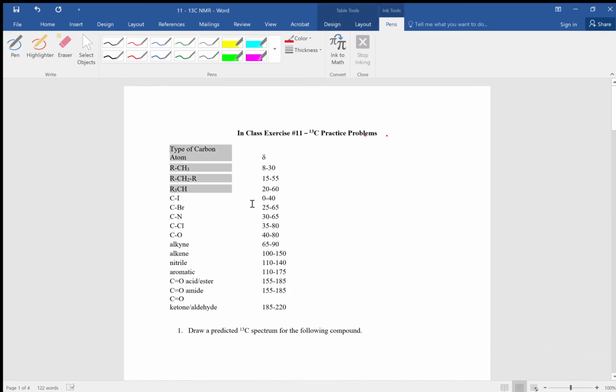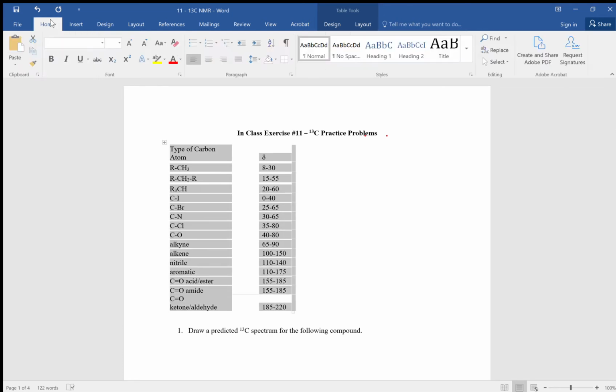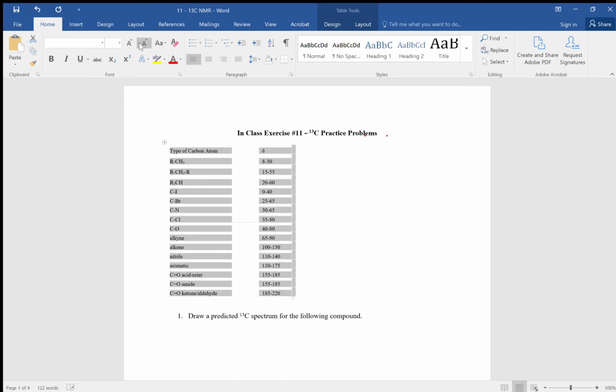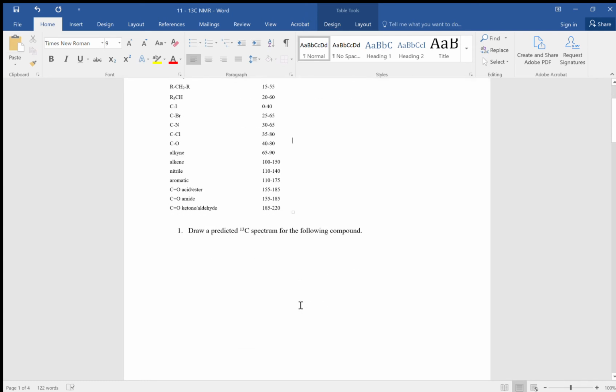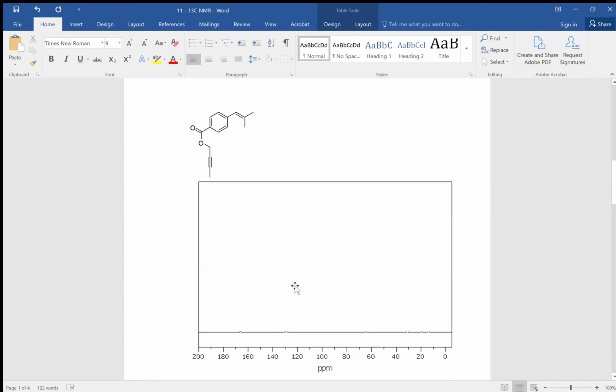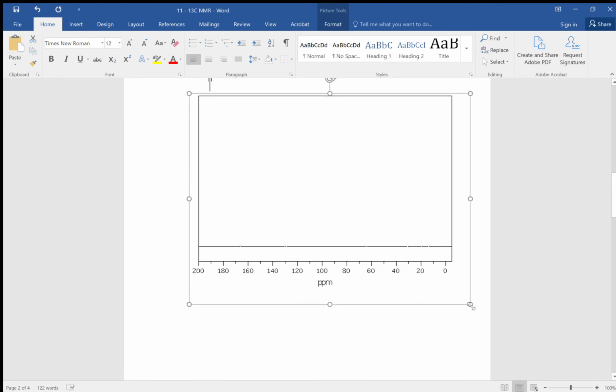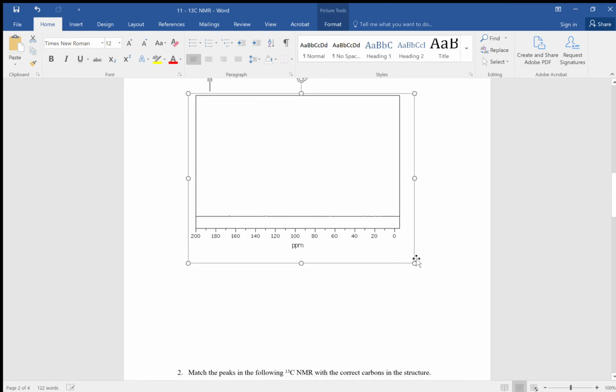The important thing to keep in mind is that I don't expect you to memorize these ranges. Just like with IR, I don't expect you to memorize all of these shifts, and you would have a table like this to use.